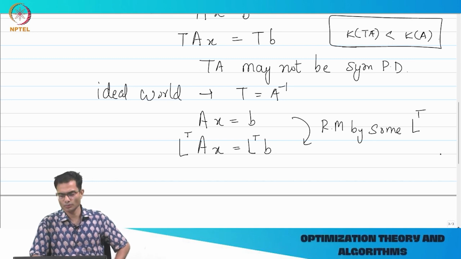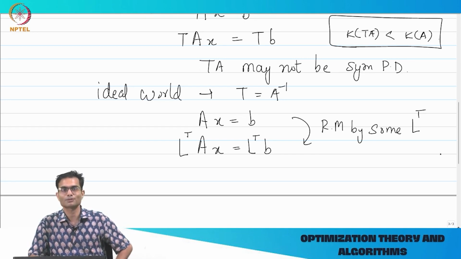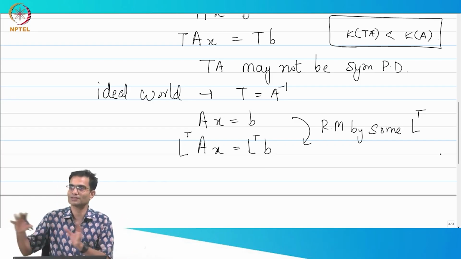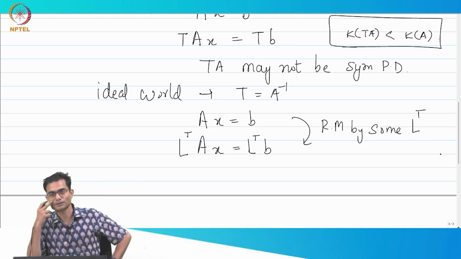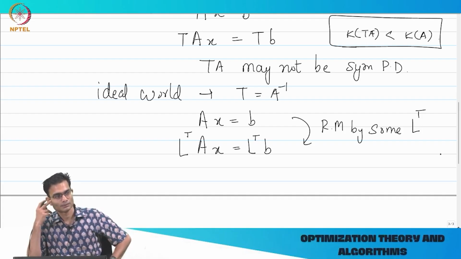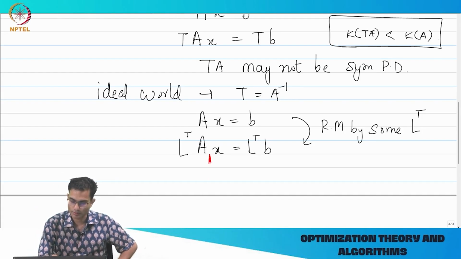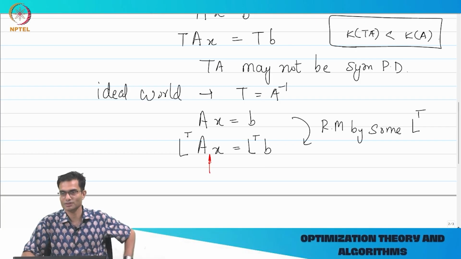Assume L is your favorite invertible matrix. Is there some small trick that we could do to transform this into another problem where I have the symmetric positive definite? Okay, so let me give you a hint. Can I do something over here? The hint is related to the question that was just asked.